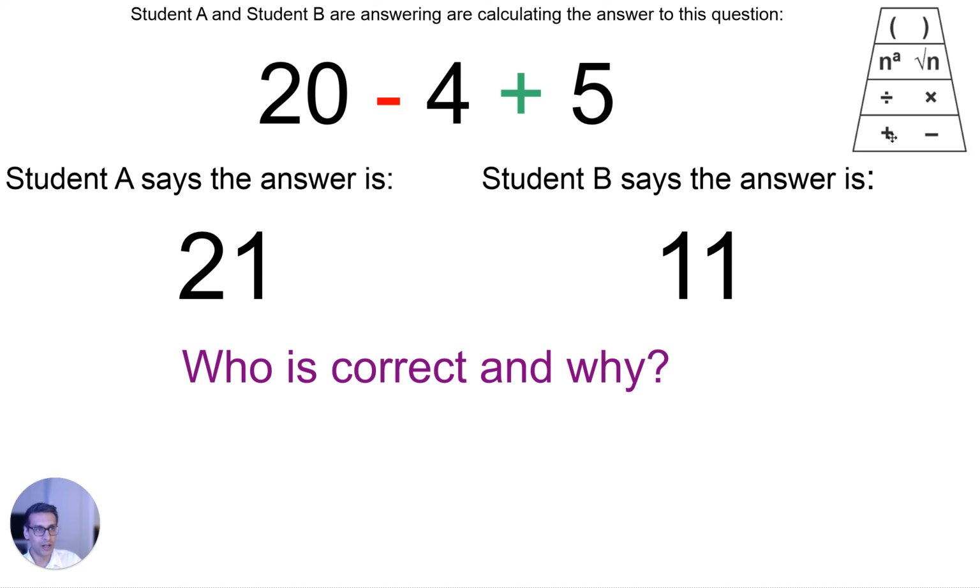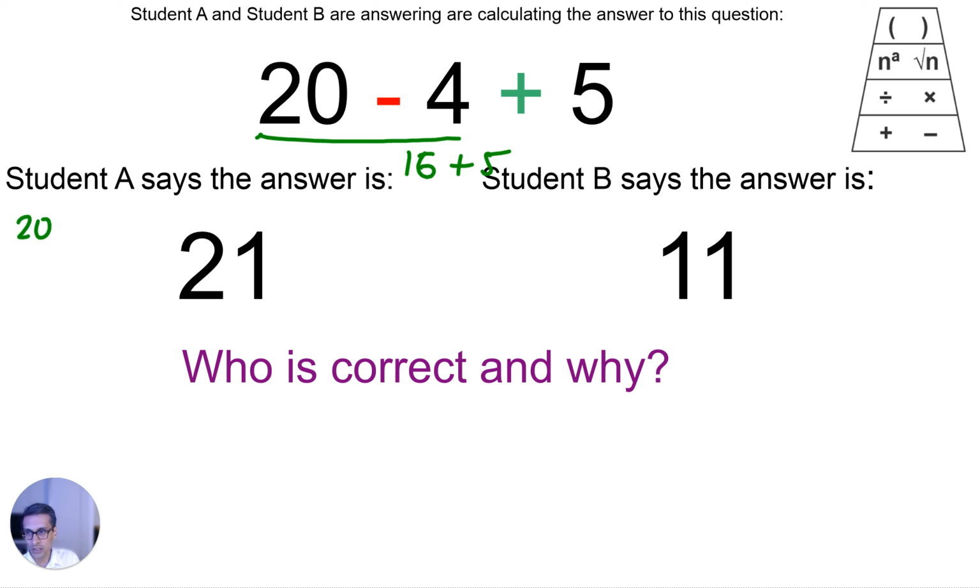Okay, so I hope that you have come up with an answer to this. Let's see how they got the answer first. 20 minus 4 is 16, and then 16 plus 5 is 21.